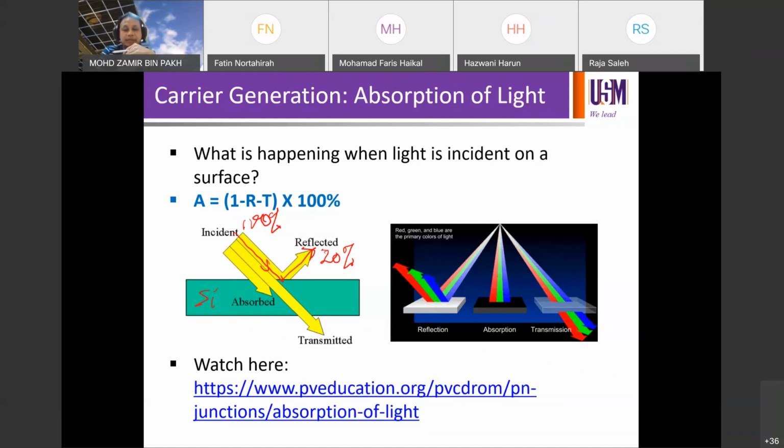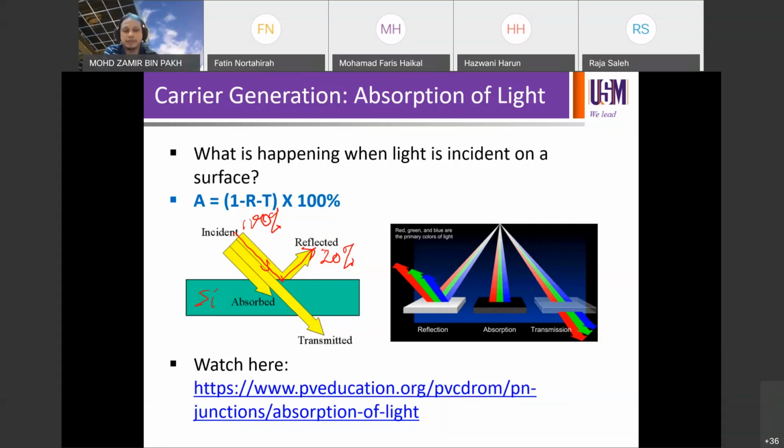Simple math. 80%, right? Cool, 80%. Simple. So you have 100%, and upon the incidence, 20% is reflected and gone. Gone. Habis, hilang. So you're only left with 80% of the incident light, right? Compared to the original 100% tadi lah. So you're only left with 80%. You are left with 80% of the incoming light.